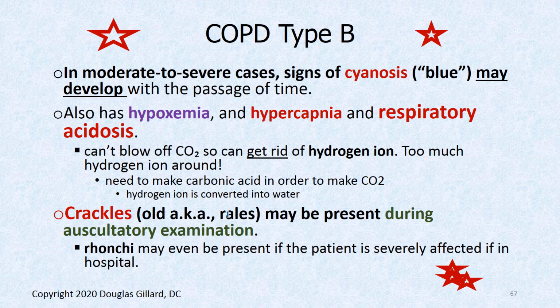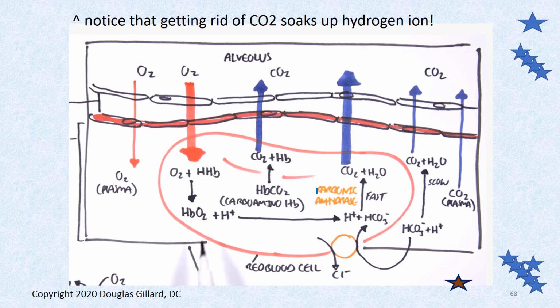Remember your physiology. When you blow off CO2, how does that get rid of the acid? You should know that for your biochemistry. Let's just look at this. I like this picture. If you're normal and you're getting rid of CO2, a lot of it travels as HCO3, and that combines with hydrogen ion.